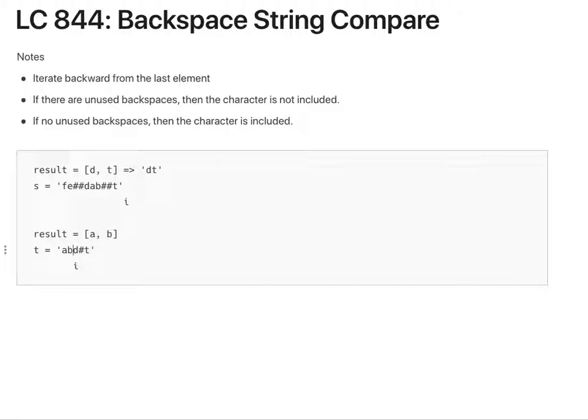So then we push I forward, there's going to be a D. We push I forward, that's a backspace, so the D is removed. And we push I forward, that's a T, so we put the T here. And then we push I forward, we're done. We convert this into a string, ABT, and clearly DT and ABT are not equal, so the output's going to be false.